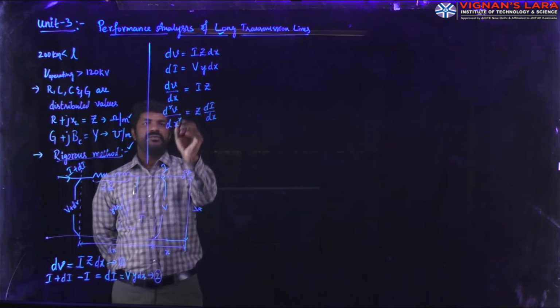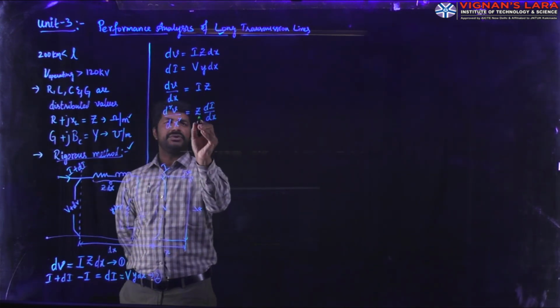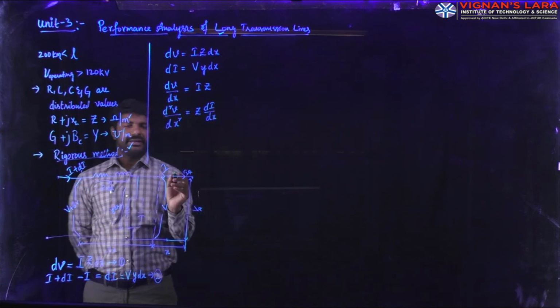So d square V by dx square is equal to Z into dI by dx.